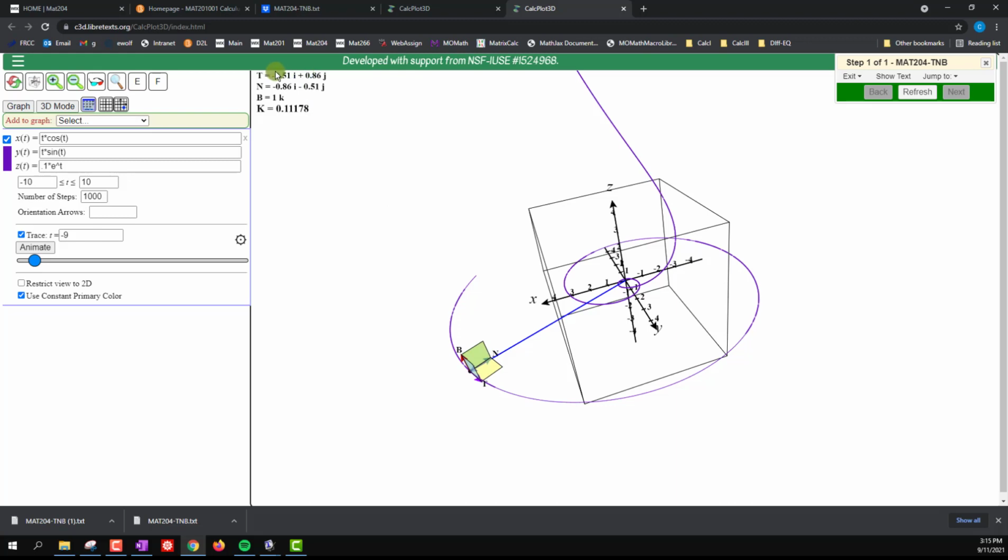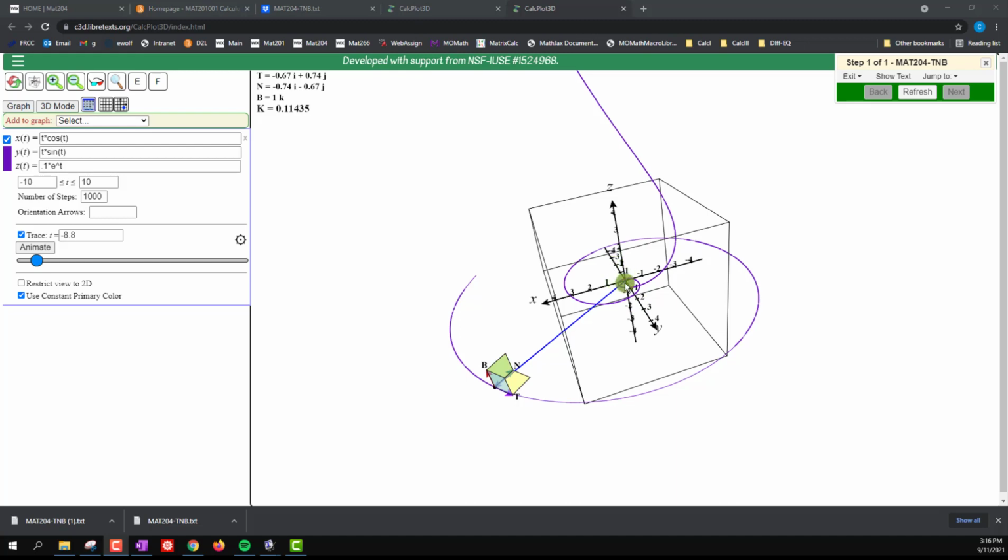And notice up here, all three of those vectors are being given for you, and we can slide this along. Okay. Now, we don't use much of this in a math class, but in a physics class, you would use this TNB frame as a sort of moving coordinate system. That is, if you want to talk about forces acting on this object, or the object's velocity and acceleration and whatnot, a lot of times it's easier to use coordinates in terms of these three reference coordinates, T, N, and B, as opposed to the reference coordinates we usually use, i hat, j hat, and k hat.